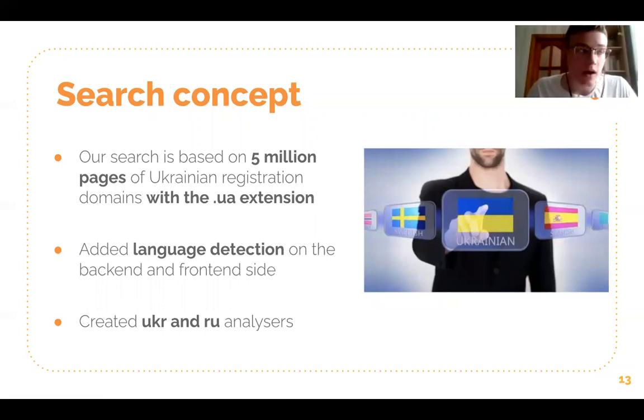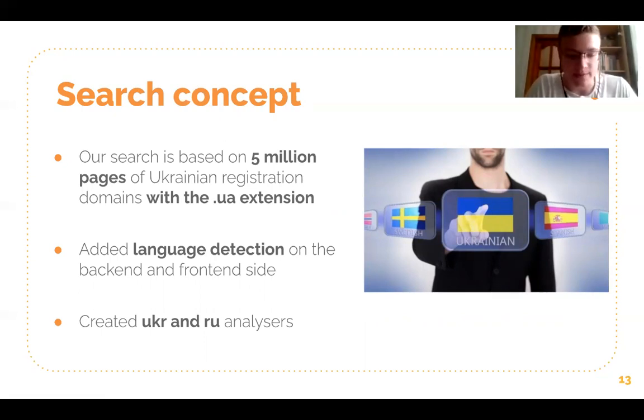So how does the user interface work? The user goes to our search page and makes a search query. After that, we analyze the language of this search query and look in our database among web pages for this specific language.